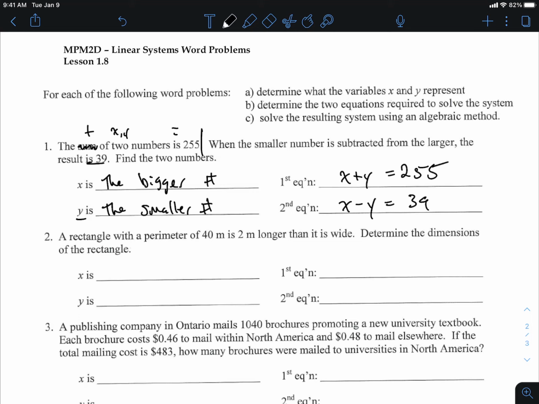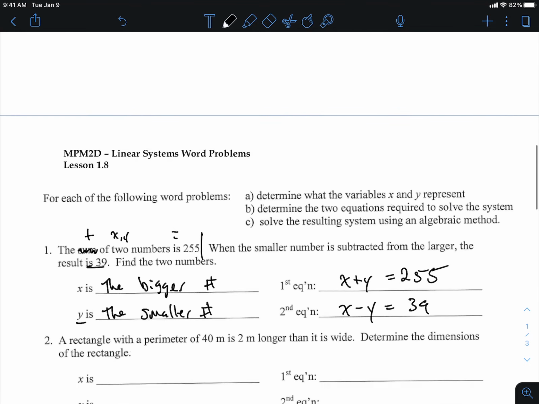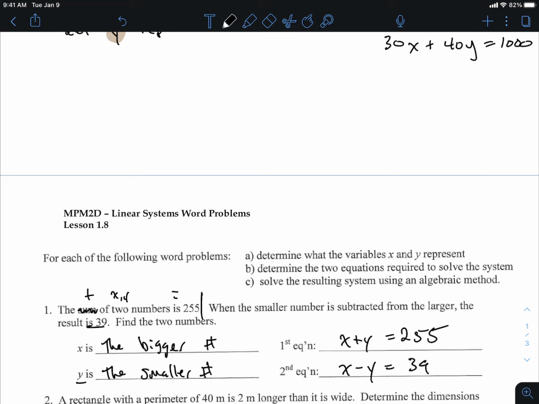Okay? Wait, if you're making the bigger number one of these things, which side would you put it on? Oh, I see. I didn't know what you were asking. Have you ever heard the alligator analogy? It depends what side you put the number on.